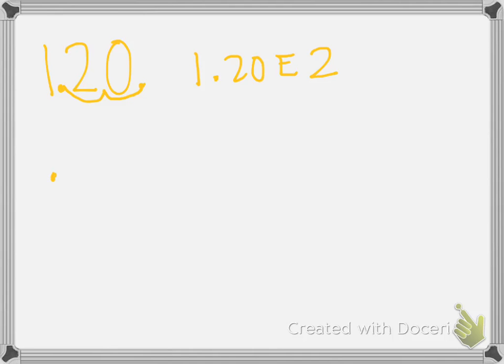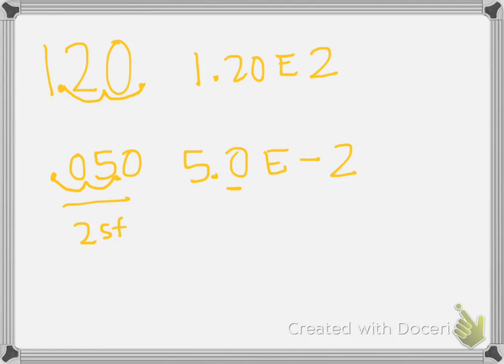If you had 0.050, that decimal place needs to be right here, which would be moving it 2 spots. So it would be 5.0 E. You need to make the number smaller, so E negative 2. And it's really important to put that 0 because this first number had 2 sig figs and the second number had 2 sig figs.